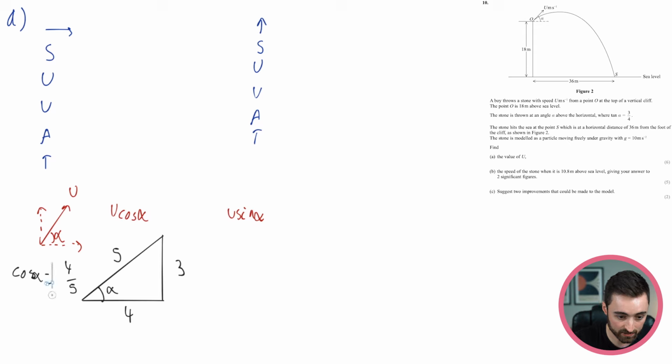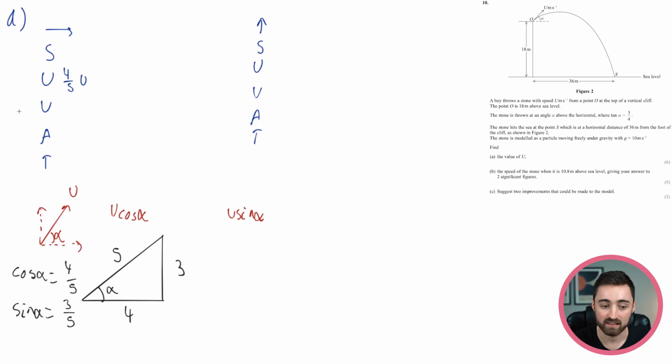And sine alpha, which is opposite over hypotenuse, is going to equal 3/5. Okay, so the u for the horizontal is going to be u cos alpha, or 4/5 u.